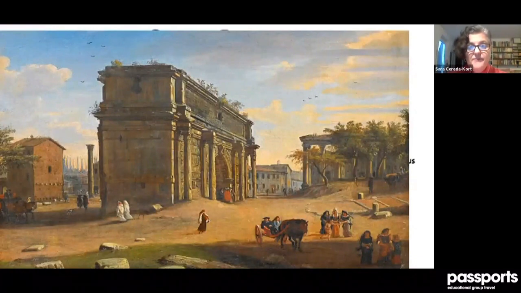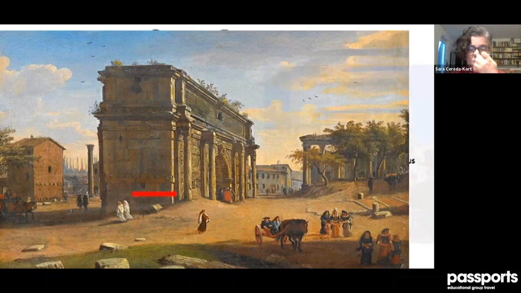Now, just a jump to explain what I will show you next when we do the walk inside the forum. If you look at this arch, one of the triumphal arches inside the forum, I put a red arrow to point out where the dirt and the soil was covering the arch.